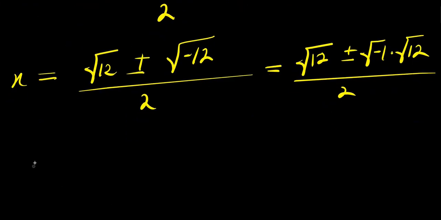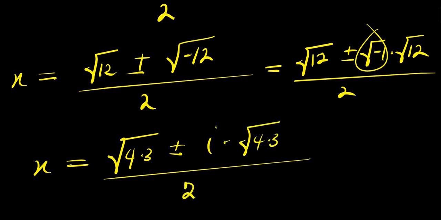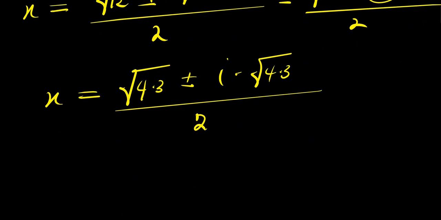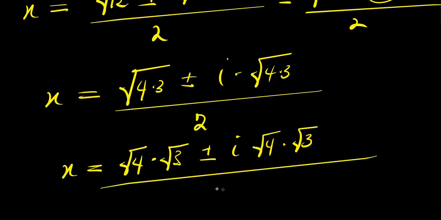Now, I can have x equals square root of 12, which is simply square root of 4 times 3, plus or minus i times square root of 4 times 3, divided by 2. So from here, we have x equals square root of 4 times square root of 3 plus or minus i times square root of 4 times square root of 3, divided by 2.